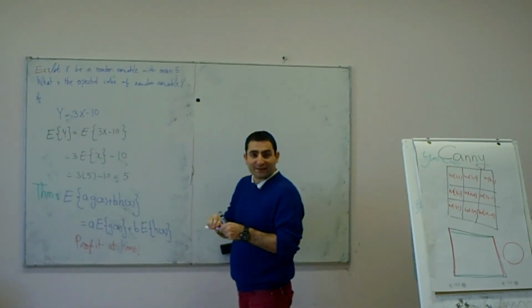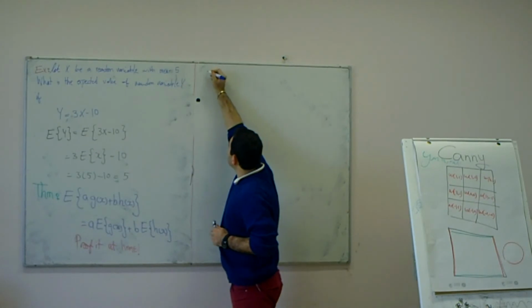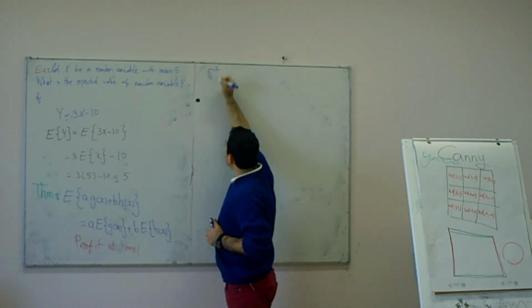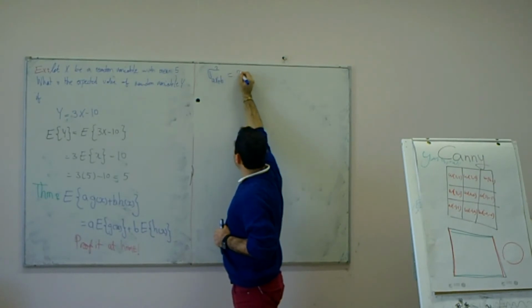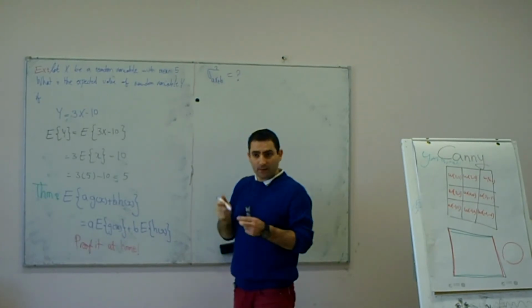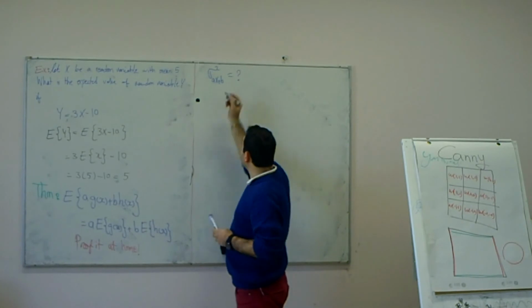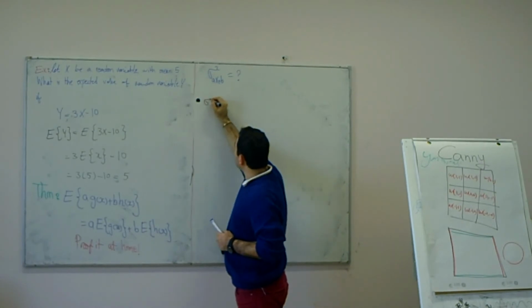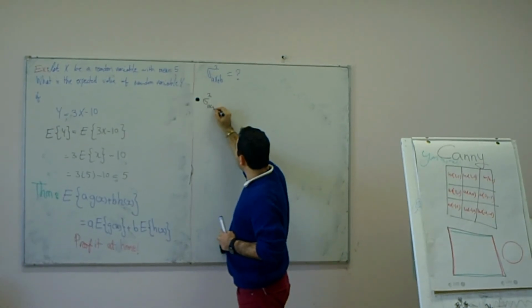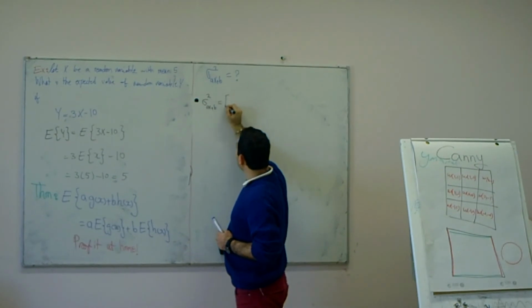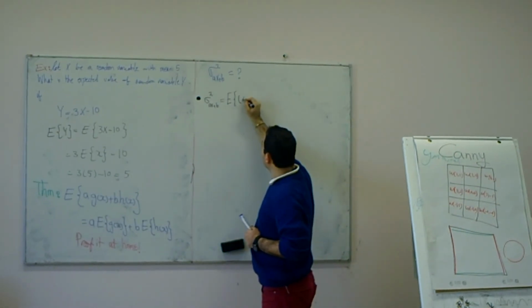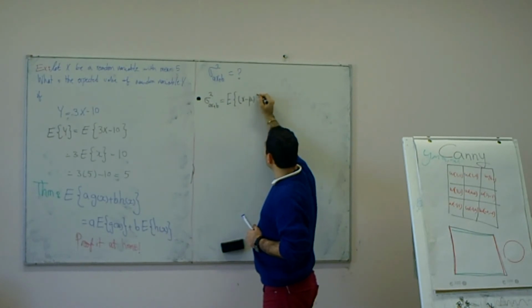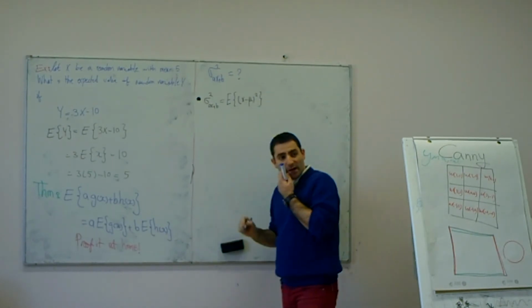We want to see what is sigma squared of aX plus b, right? And we know this is actually the expected value of (X minus mu) squared, right?